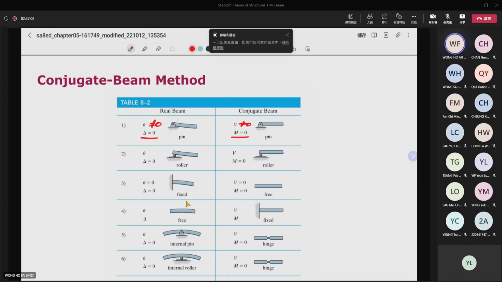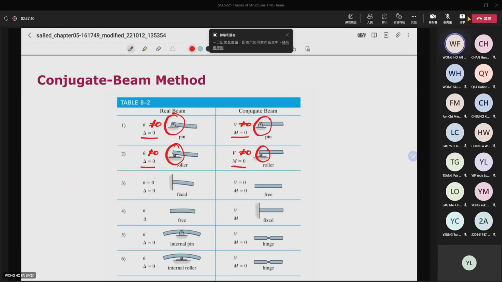So if it is a pin support for the real beam, it will also be a pin support for the conjugate beam. For the roller support, theta is not equal to 0 because it can rotate, but the deflection is equal to 0. Then the shear is not equal to 0, and the moment is equal to 0. So a roller support is still a roller support.